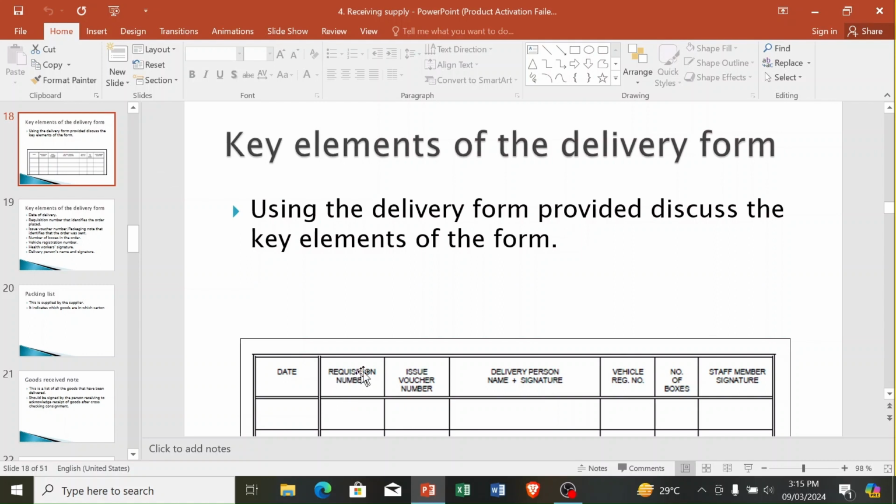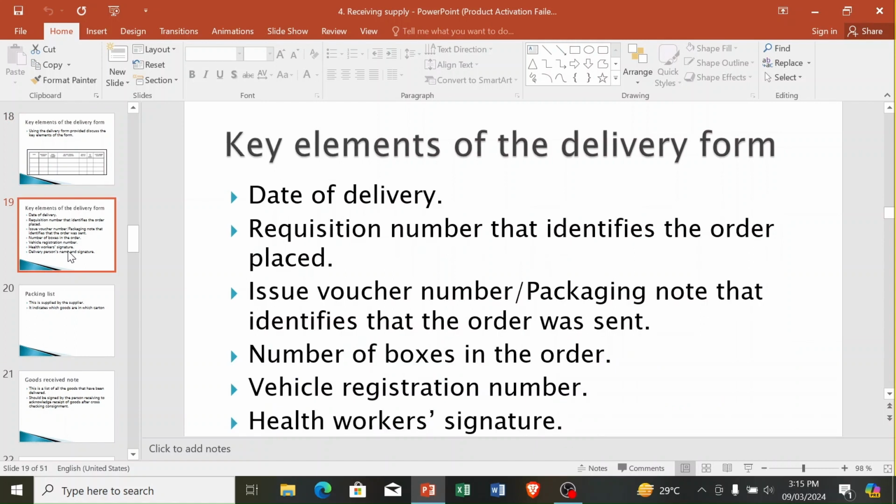We have the date, the requisition number, then the issue voucher number, delivery person name and signature, the vehicle number, and then the number of boxes that were delivered, and then the staff members that were present, and then their signatures. That is how it looks like.